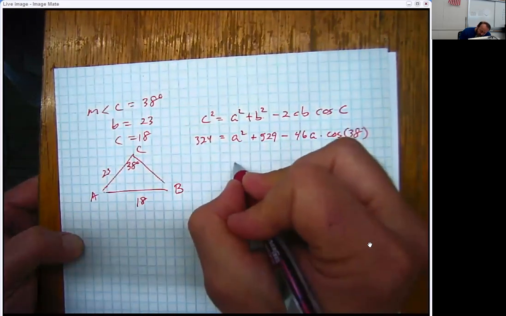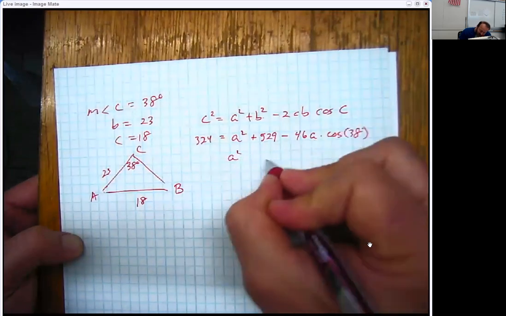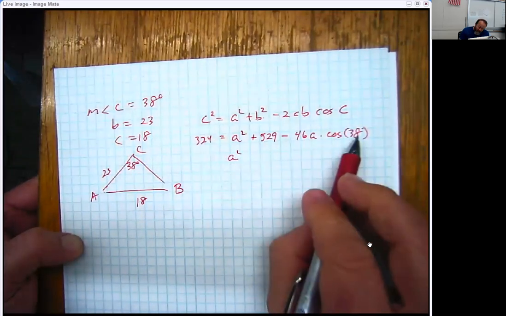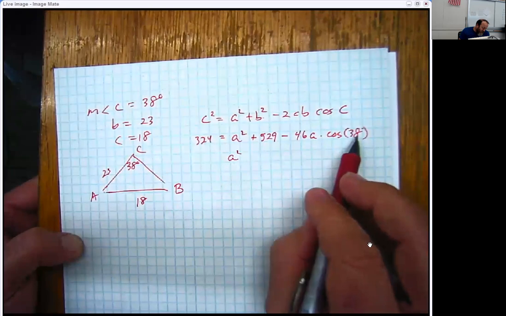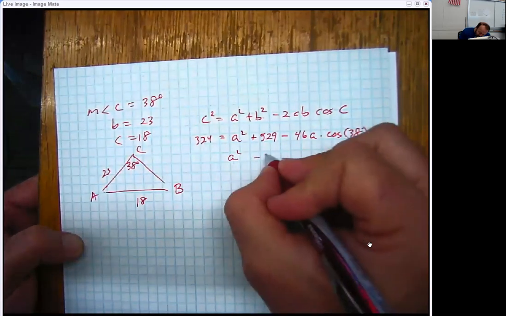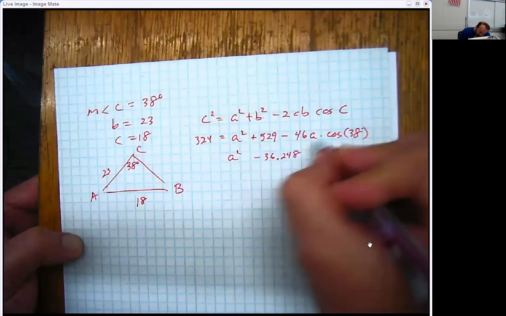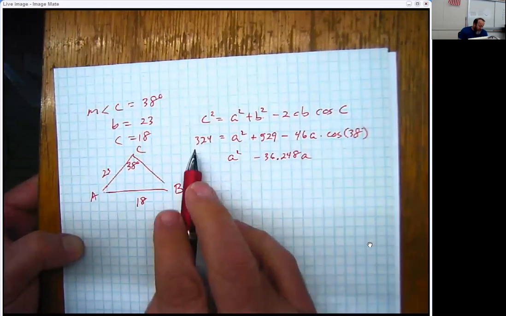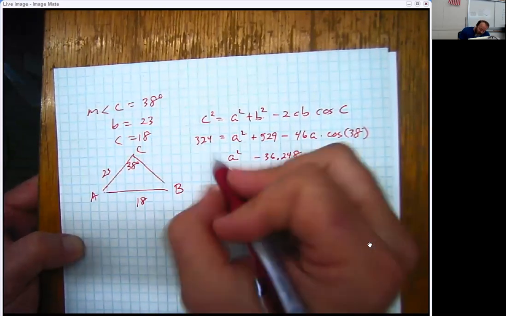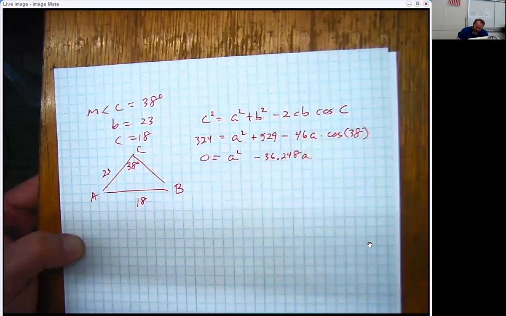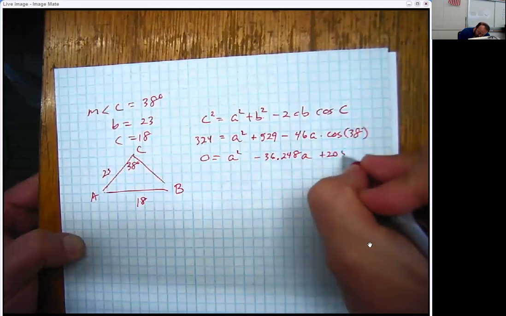We're just going to go ahead and do a little quick rearrangement of that, because 46 times the cosine of 38 is 36.248. And we still have that A attached. And of course, I should bring this 324 across because we like quadratics to be set equal to 0. So if I bring that across, I get 205.